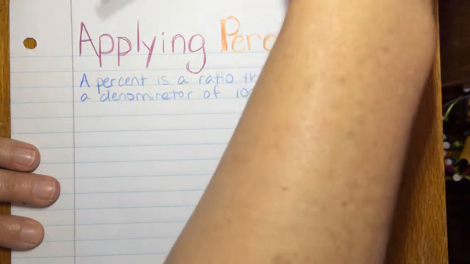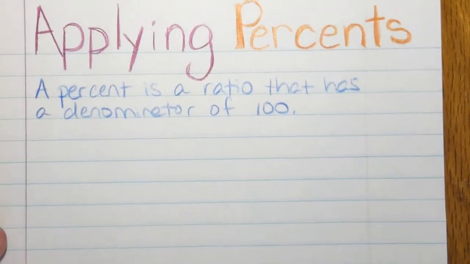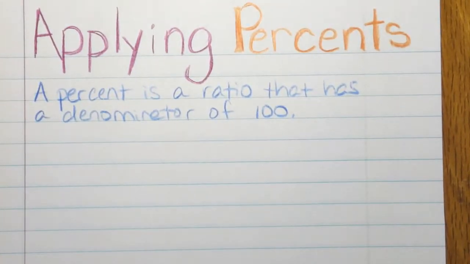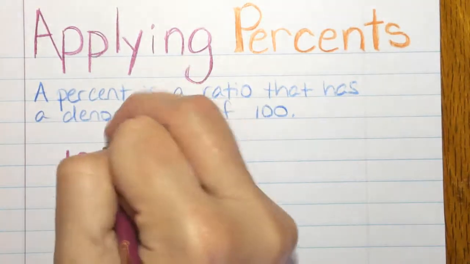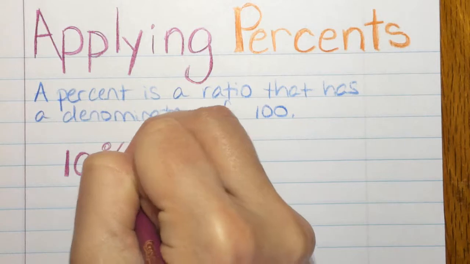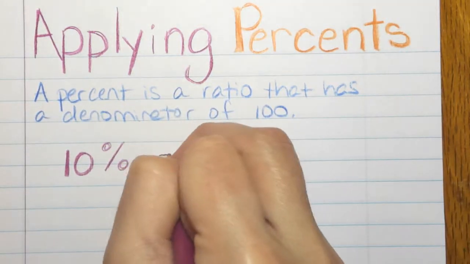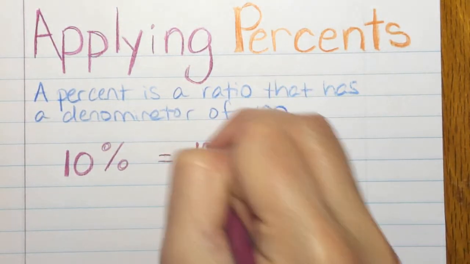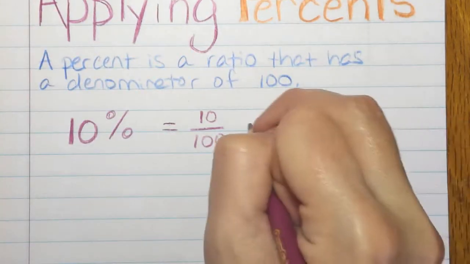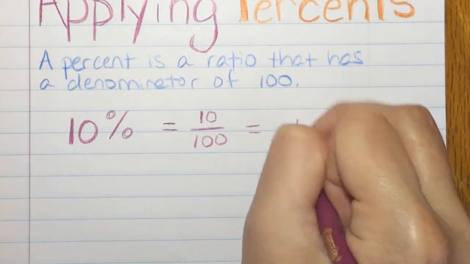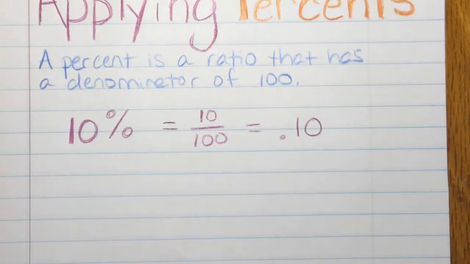Okay? A percent is a ratio that has a denominator of 100. So if I have a number like 10%, 10% is the same as 10 out of 100, and 10 hundredths is the same as 0.10.